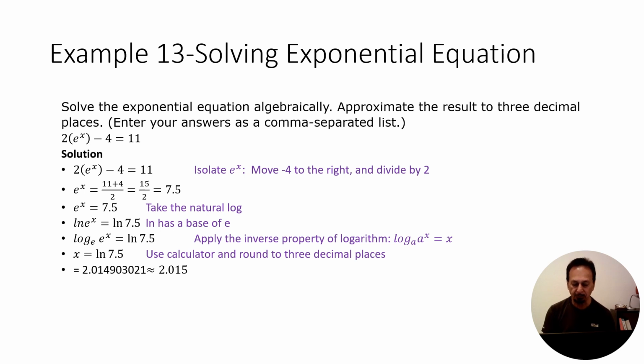Natural log has a base of e, and the exponential has a base of e, so they cancel according to the inverse property of logs, which is log base a of a to the x is x. So they cancel out and give you the exponent x. So x is equal to natural log of 7.5. We are done. Just use the calculator and round to 3 decimal places. So the answer is x equals 2.015.